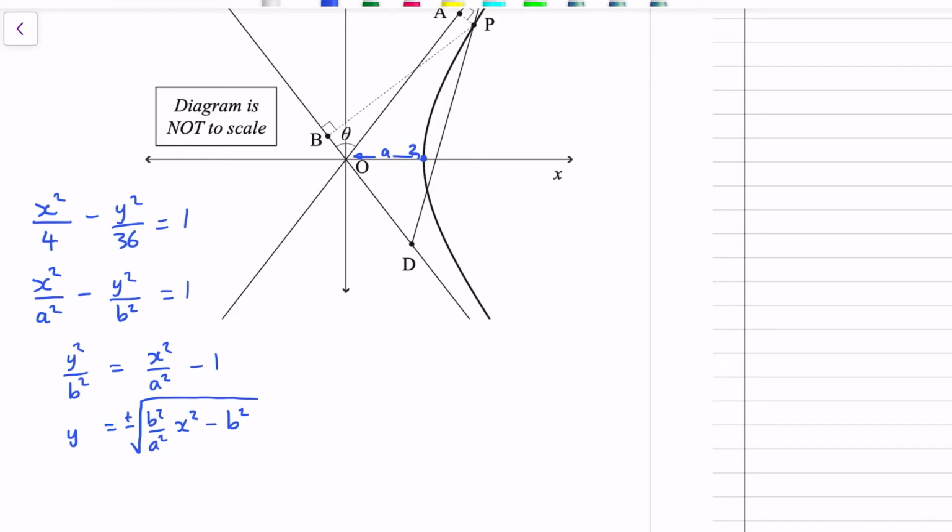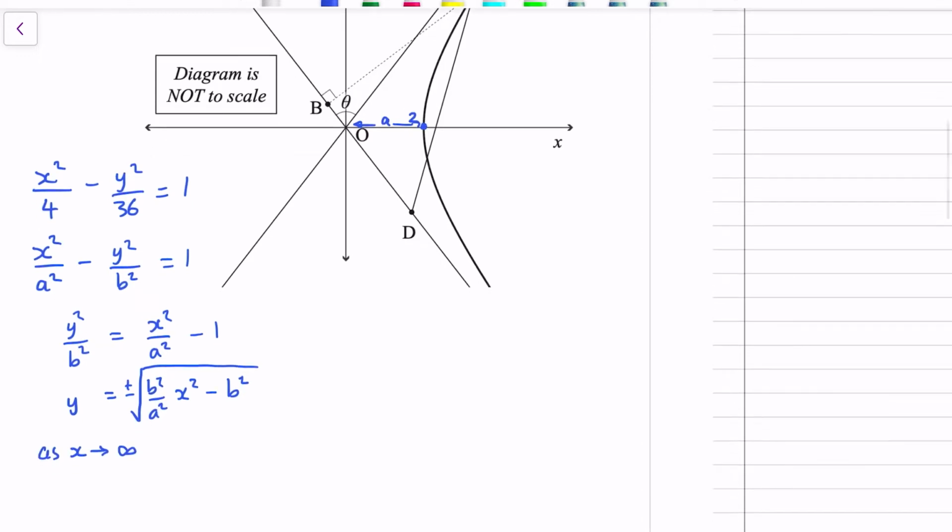We say what happens as x gets really large? As x tends to infinity, the minus b squared term is going to be negligible. As x gets really large, taking away a value b squared is not going to do much. So as x tends to infinity, y is going to tend to plus or minus root of b squared x squared over a squared, which is plus or minus b over a x.